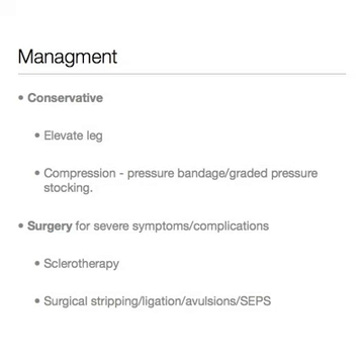If the patient experiences severe symptoms or complications such as hemorrhage or recurrent phlebitis, then further management may include sclerotherapy, which involves the injection of a sclerosing substance around the varicose vein, which causes localized fibrosis and regression of the vein. Further management may include surgical stripping of the affected veins.